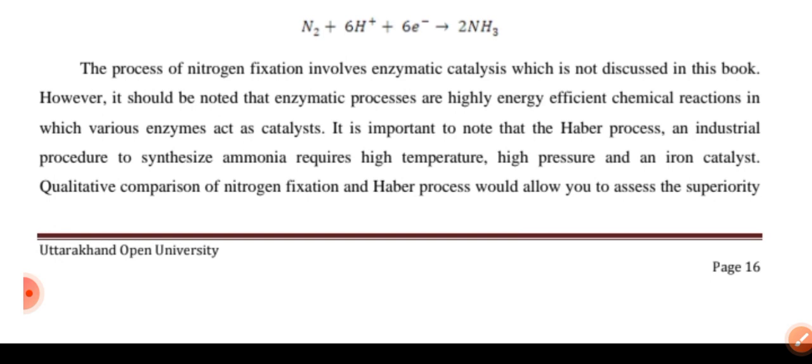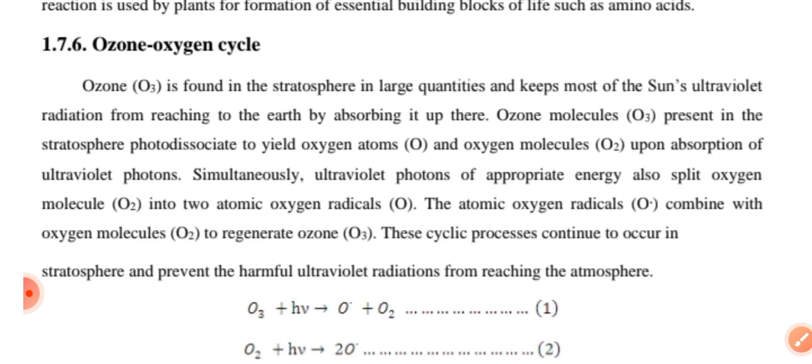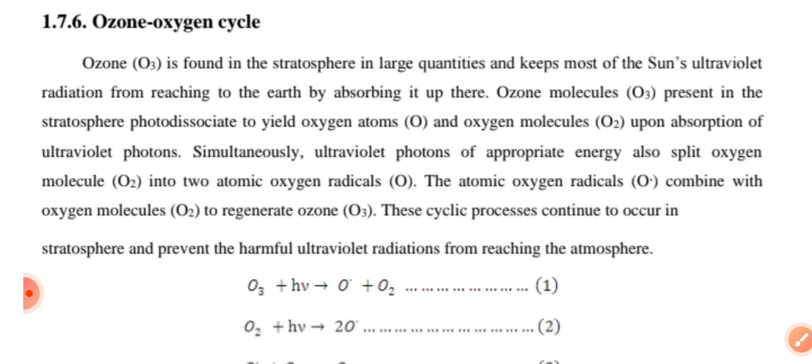Qualitative comparison of nitrogen fixation and the Haber process will allow you to assess the superiority of enzymatic processes, which are not yet completely understood. The ammonia produced in the above reaction is used by plants for formation of essential building blocks of life such as amino acids.